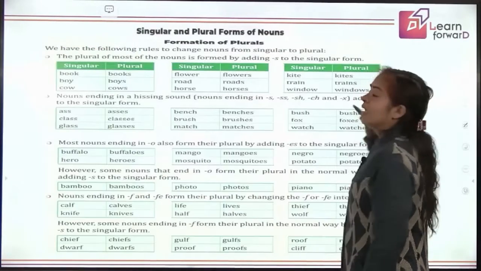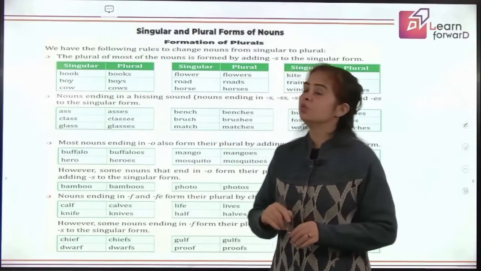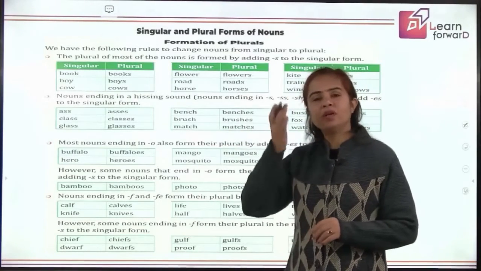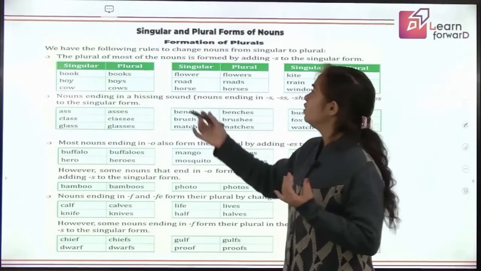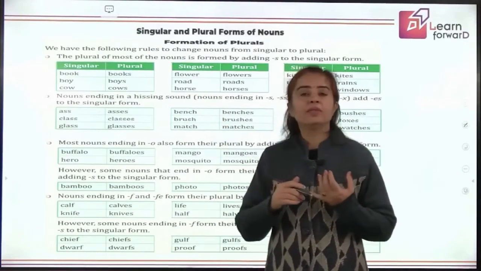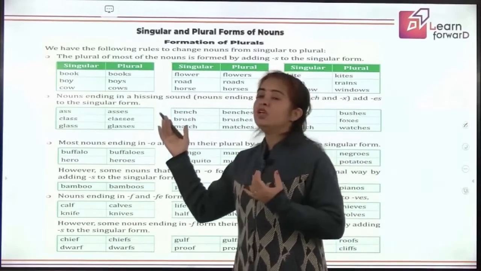Okay. Now going ahead, we have the rules to change singular to plural, and most of them you have been doing right from grade 1. Like the simplest one is we add s to make the nouns plural. Then the second rule is we add es.